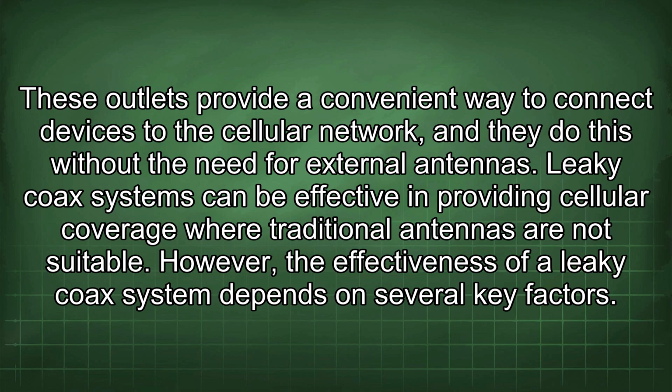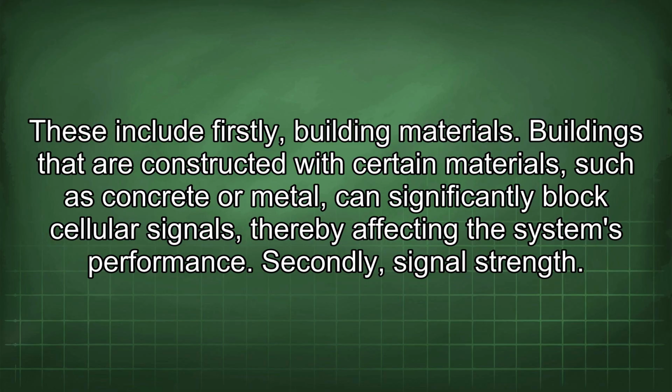However, the effectiveness of a leaky coax system depends on several key factors. These include, firstly, building materials. Buildings that are constructed with certain materials, such as concrete or metal, can significantly block cellular signals, thereby affecting the system's performance. Secondly, signal strength.